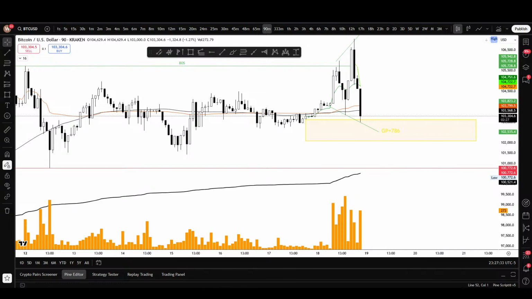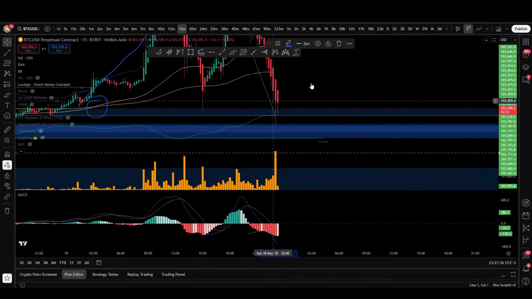Yeah, sure. Let's look at Heikin-Ashi candles.